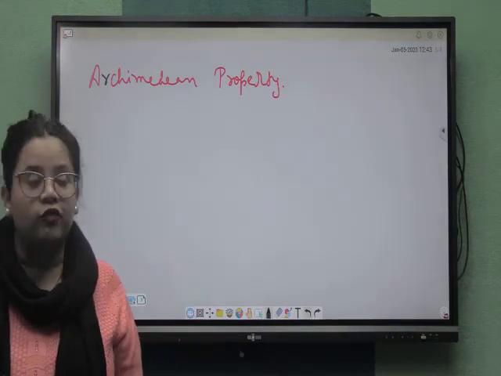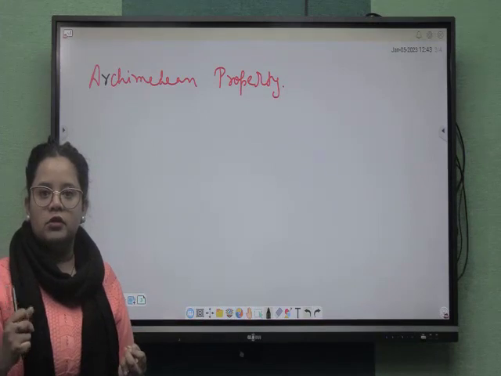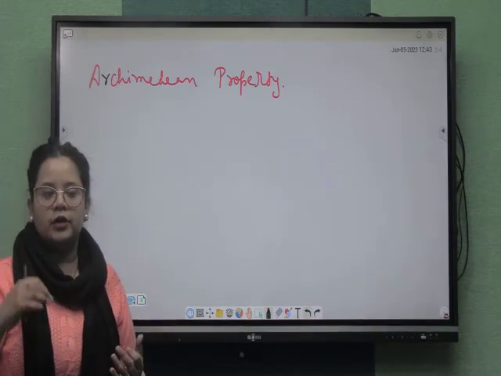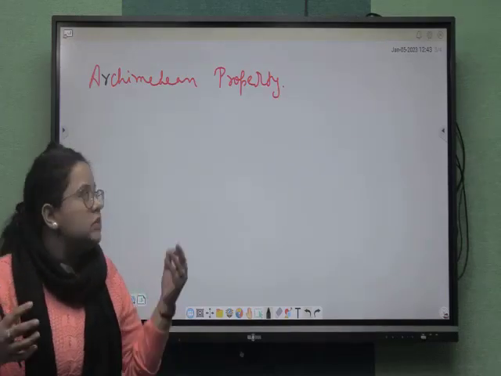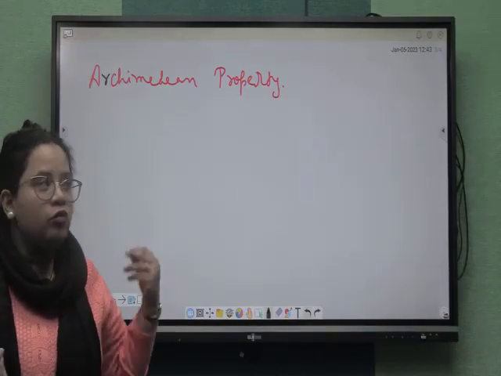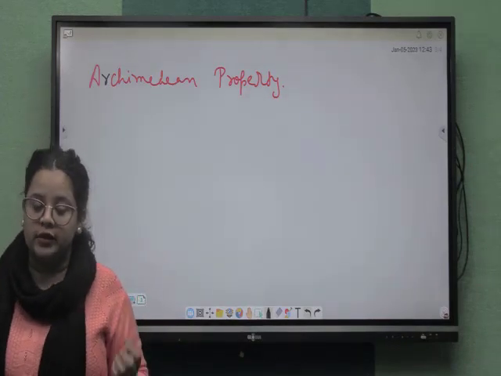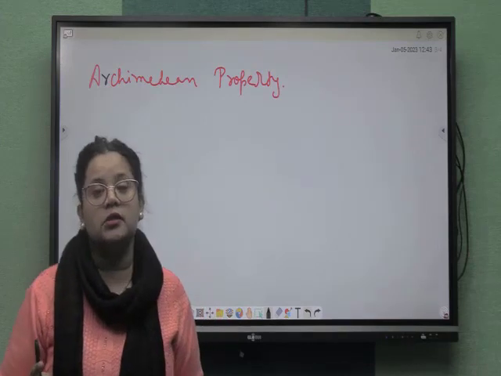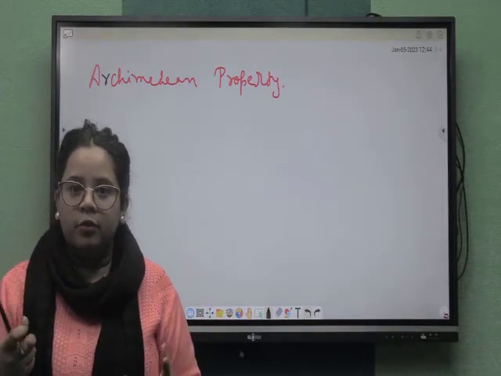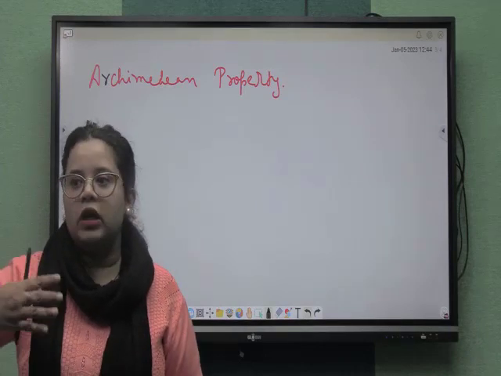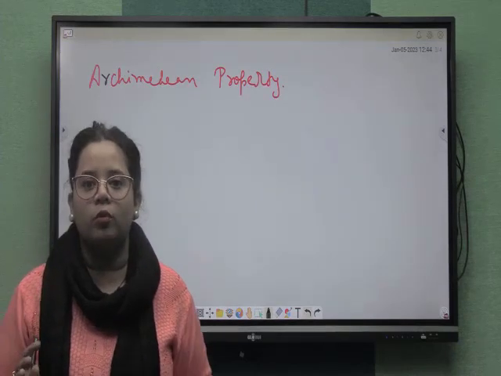Now it seems obvious again. You might say, madam, I am giving you this number, this is a number greater than that, this number is greater than that. Yes, it is possible, but as always, the real line is infinite, we don't know where it ends. So till when will you keep doing this? So again we need a formal proof, as I have always told in my classes, for things which seem obvious to us, but we need a formal proof to create further theory. We need a formal proof.